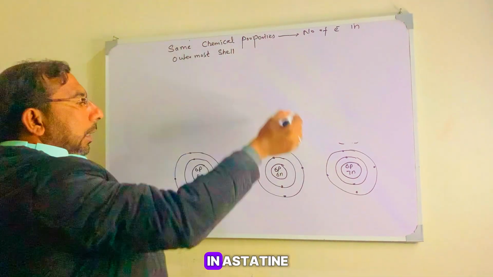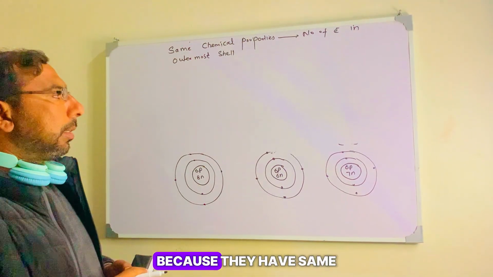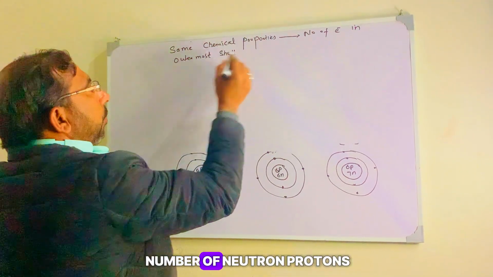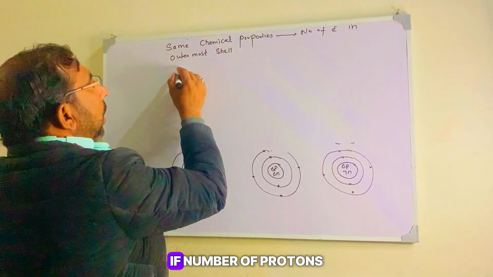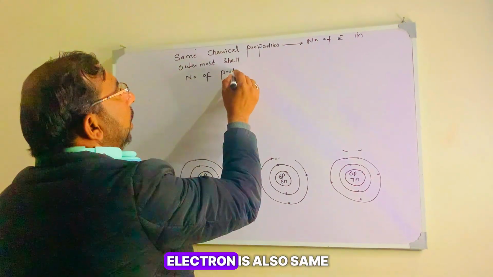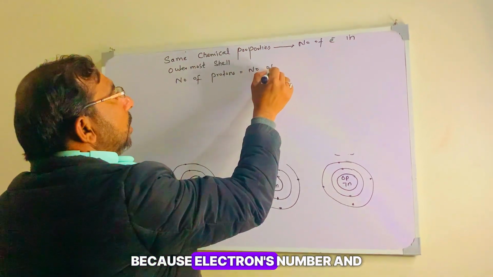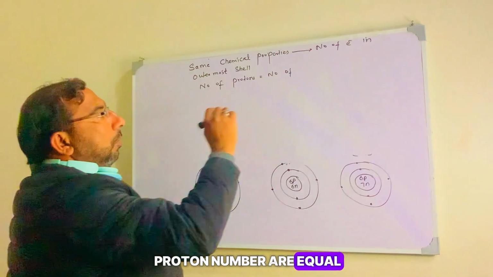In isotopes, they have the same chemical properties because they have the same number of protons. If the number of protons is the same, then the number of electrons is also the same, because the electron number and proton number are equal.